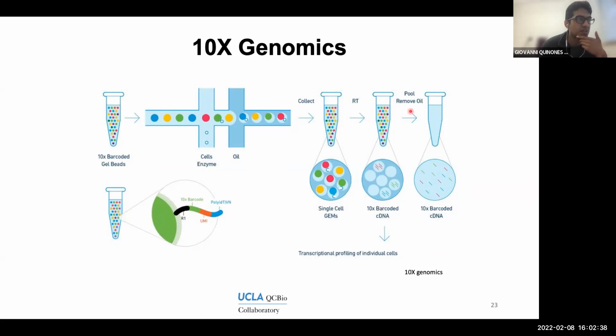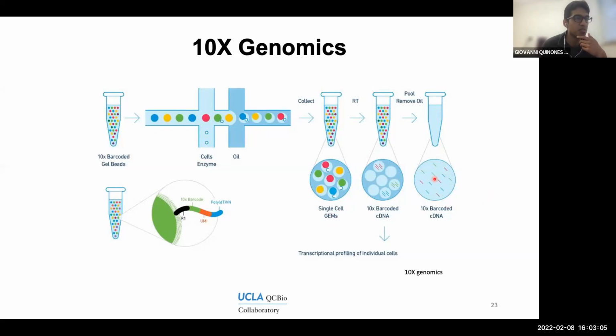Then you remove the oil, and by removing the oil, you're pretty much just merging together all these droplets because they're all solvents. So they will just dilute into one solution that contains the sequences from all the individual GEMs.